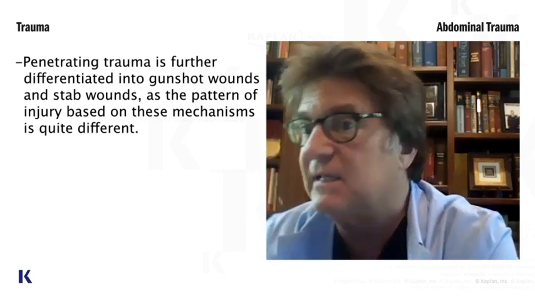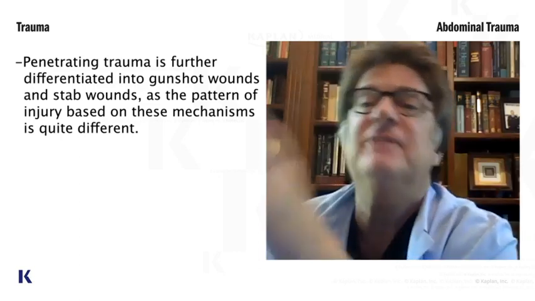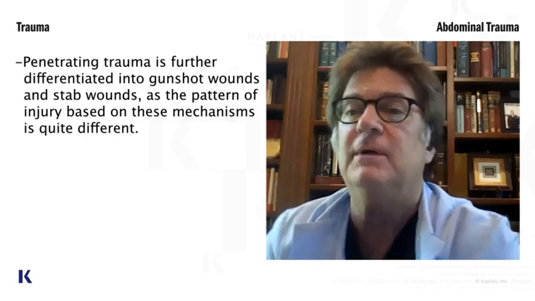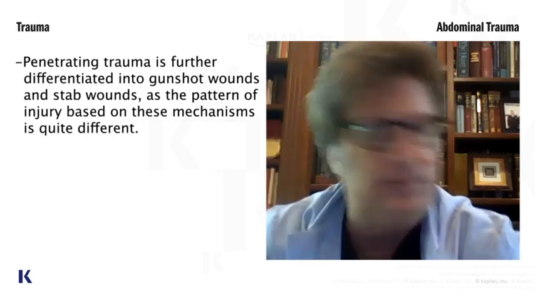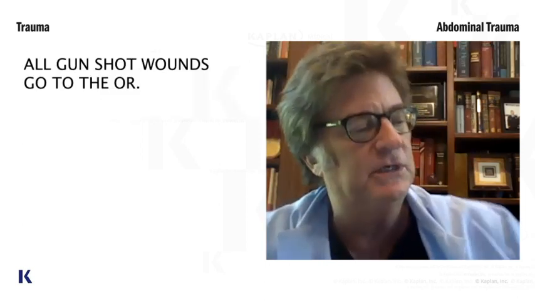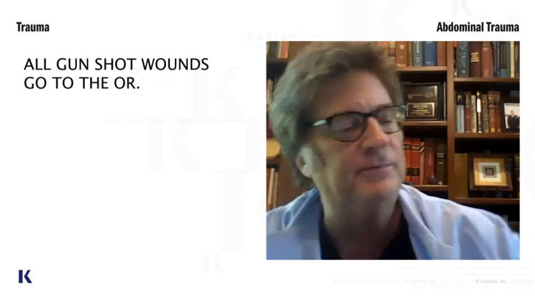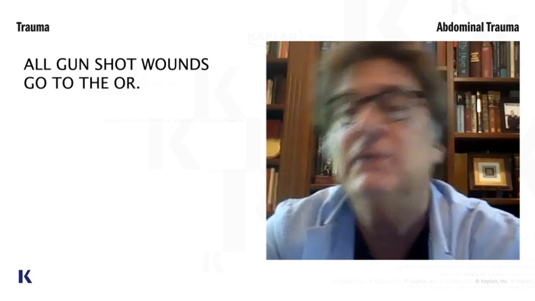Let me say that again. Gunshot wounds and knife and blunt trauma. So let's talk about the gunshot wounds. Real simple. All gunshot wounds go to the OR. That's so important, I'm just going to say it again. All gunshot wounds go to the OR.